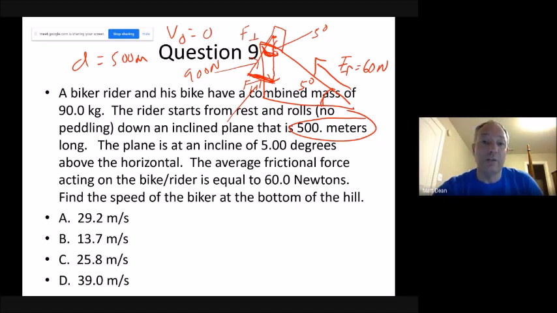So to do that, we could use the sine function. We could say the sine of 5 degrees is equal to the opposite side, which is this side right here, the parallel component, over our hypotenuse, which is our weight, 900 newtons.